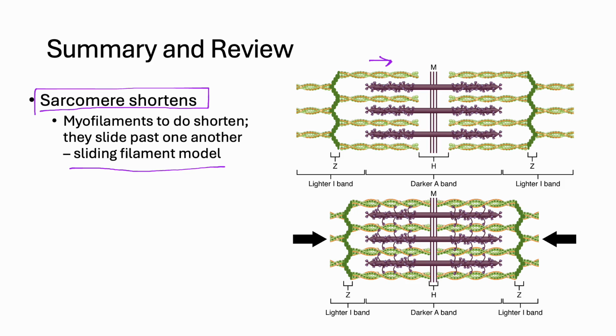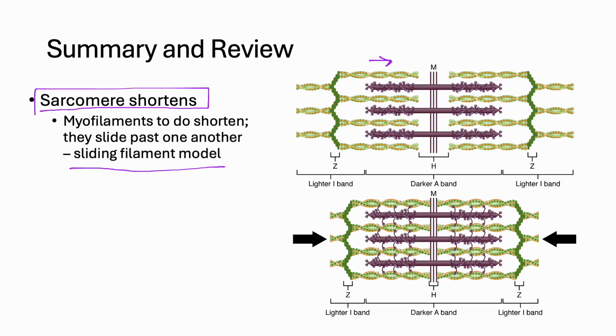The A band, which is the darker one that contains the myosin, is not changing shape or size. So the A band stays the same. The I band is the lighter part that only contains the actin, no myosin. So as the actin is pulled toward the center, that I band is getting smaller and smaller, because we have those filaments overlapping.